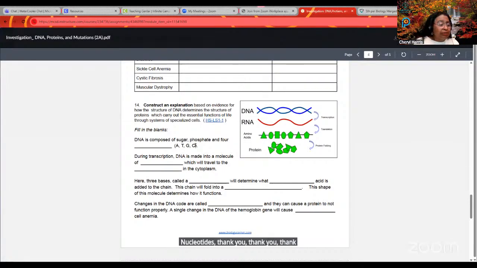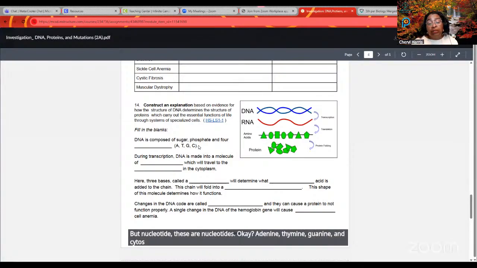Who said that? Your mysterious voice. You said it so fast, I wasn't looking at who was talking. But these are nucleotides: adenine, thymine, guanine, and cytosine. Remember, our nucleotides get joined together to form, and we're going to go over that on the worksheet in a second.